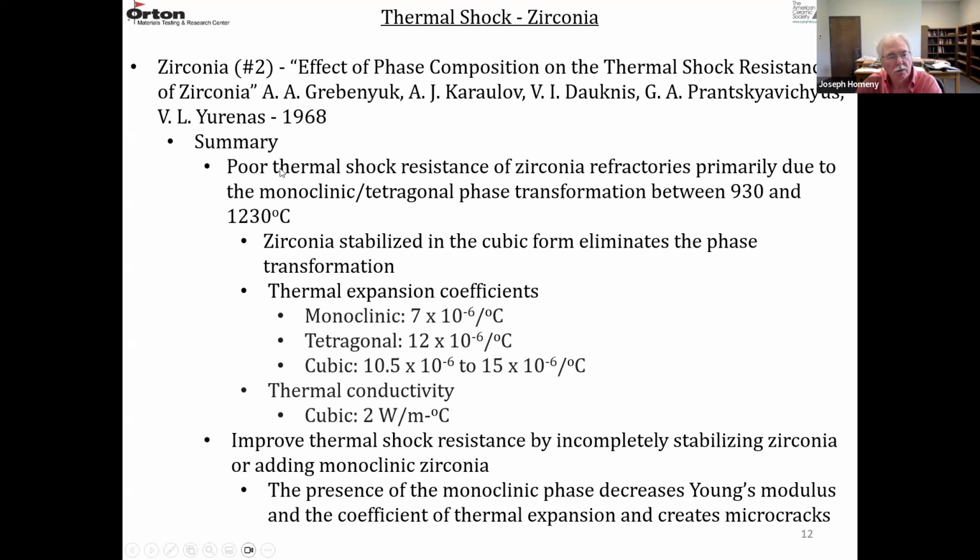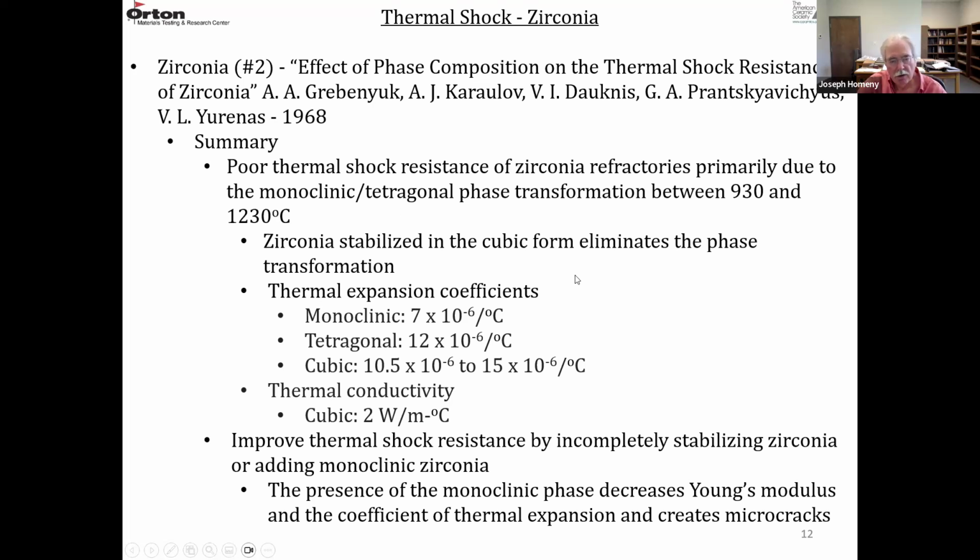The poor thermal shock resistance of zirconia refractories is due to the monoclinic to tetragonal phase transformation between 930 and 1230 degrees C. That's the temperature range where the phase transformation takes place. This is an unstabilized zirconia refractory. As we noted when we talked about thermal expansion, this phase transformation will really disrupt the structure. But if you stabilize it in a cubic form, you eliminate this phase transformation.